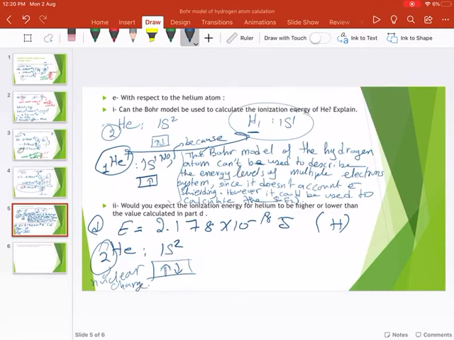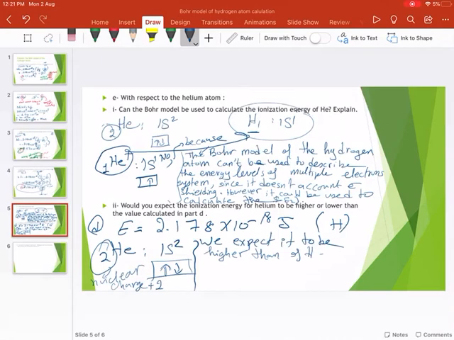So there is an attraction between the electron and this high nuclear charge, which is higher than 1, which makes it difficult to remove the electron. So we expect the ionization energy to be higher.